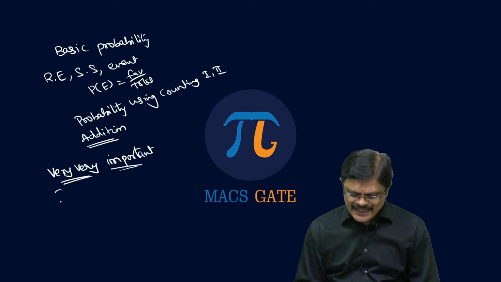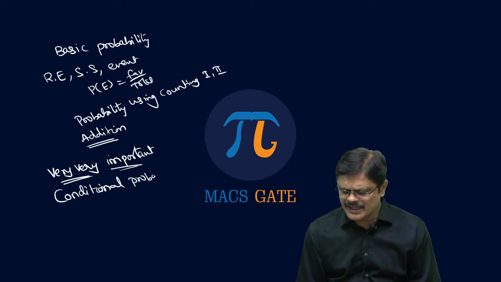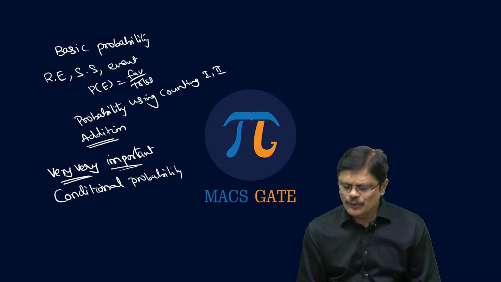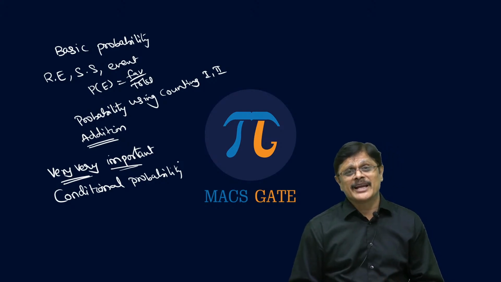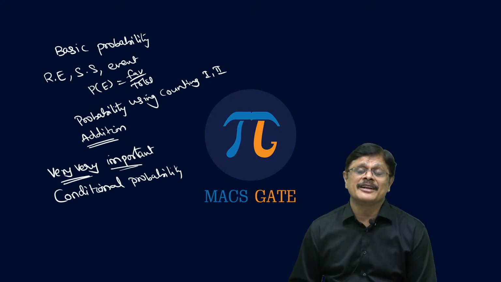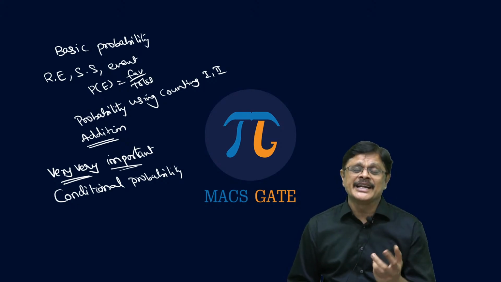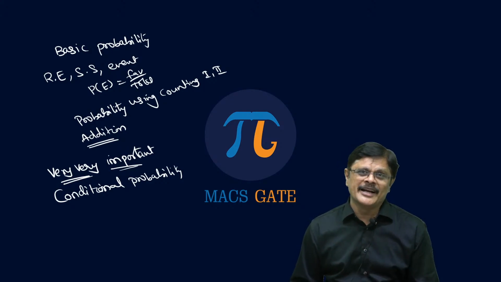You can call this entire topic conditional probability. Everything we are doing is under conditional probability. We learn how to handle independent events and dependent events: multiplication theorem with independent events, and multiplication theorem with dependent events.